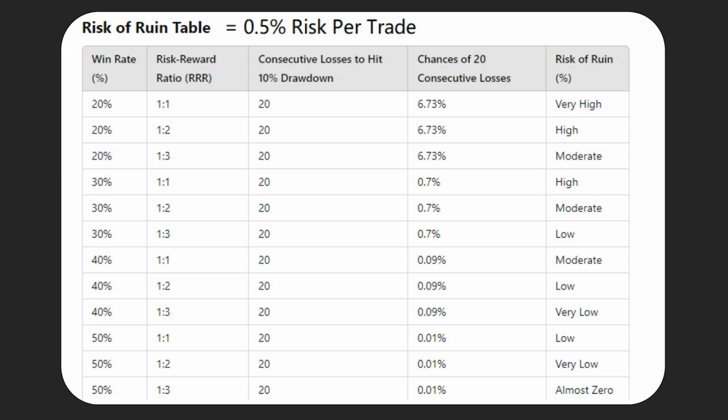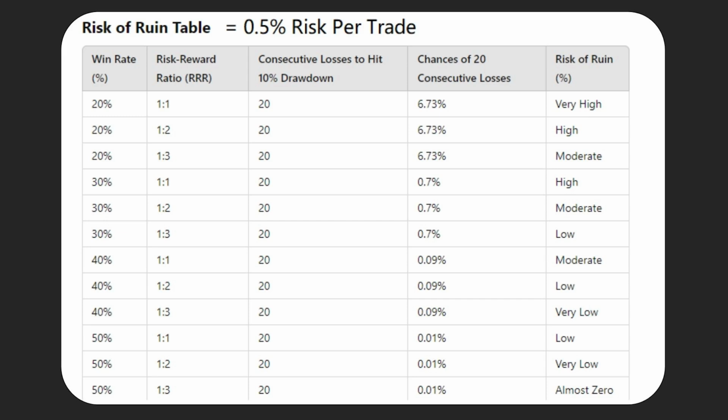But right here you see that if your win rate is 30% and you have a 1 to 3 risk reward ratio, then your risk of ruin is lower, right? It's lower than 50%, and this is where you should be aiming for. If your risk of ruin lies in the moderate, the high, or the very high region, which means it's higher than 50%, then you are at risk of blowing everything and you lose in the long run, even with a 0.5% risk per trade, right?